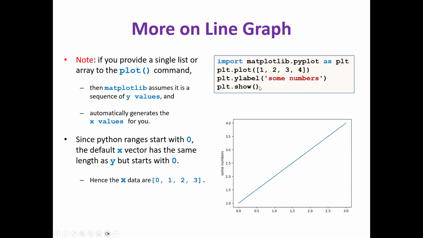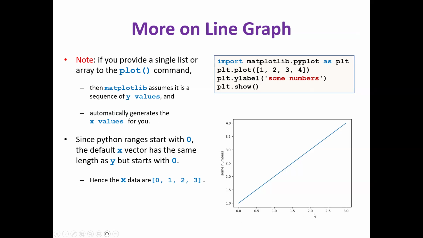Now I'll plot it. Here they say we should note, if you provide a single list or array to the plot command, then Matplotlib assumes it is the Y values. So 1, 2, 3, 4 are the Y values, some numbers. That's why automatically Matplotlib will generate the X values for you.